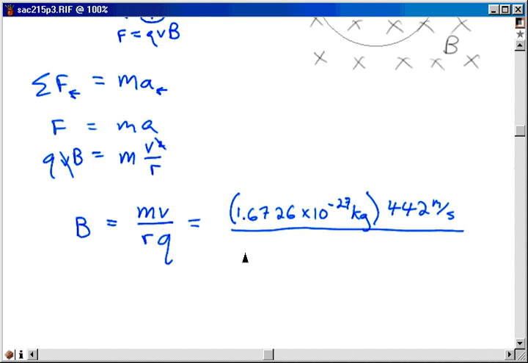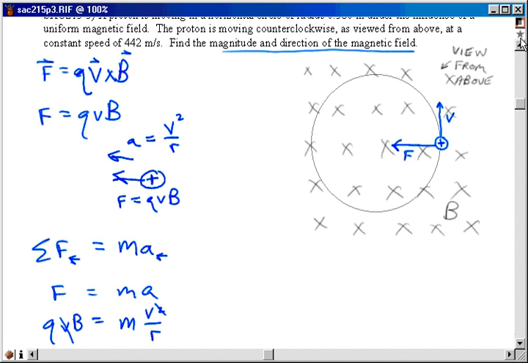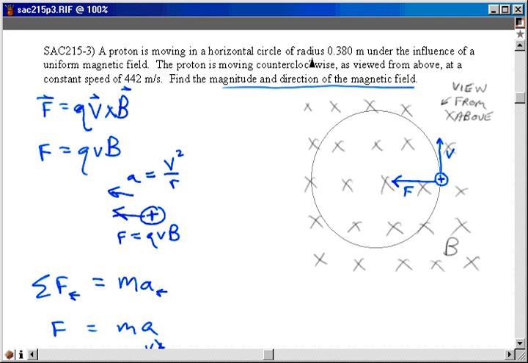R is 3.80 meters, given in the problem, and the charge on a proton is 1.60 times 10 to the minus 19th coulombs. I do want to check on that radius. Yeah, there it is. Radius 3.80 meters.